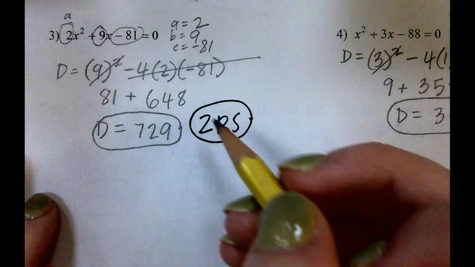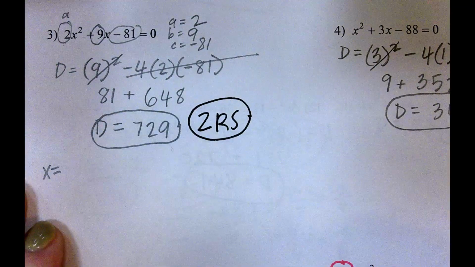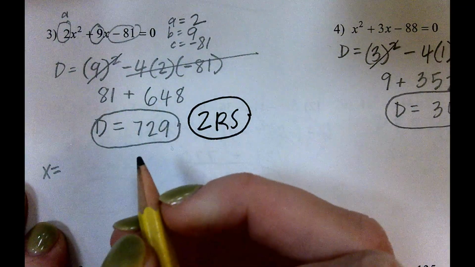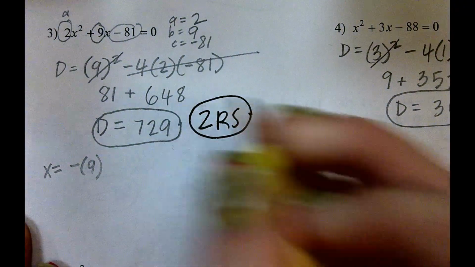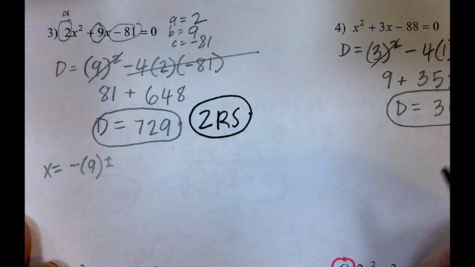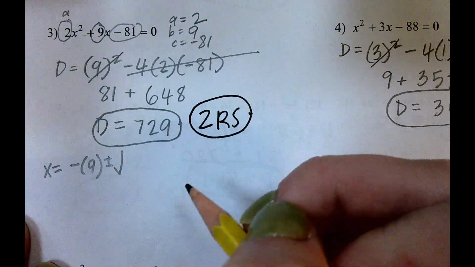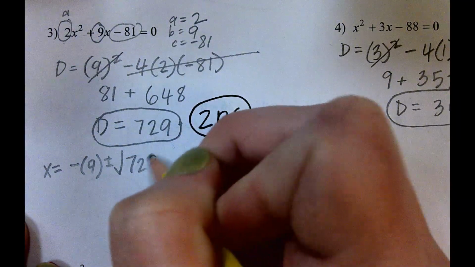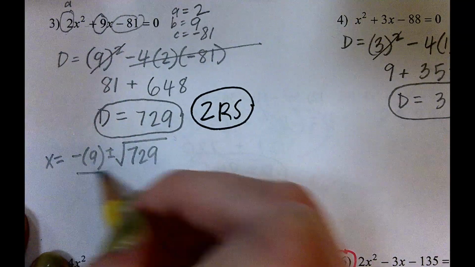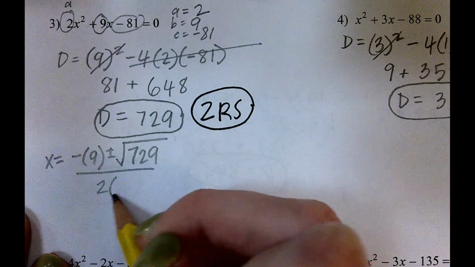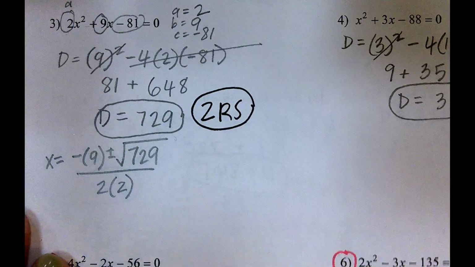Start with x equals negative parentheses 9. Good. Plus or minus the square root of 729. Good. Over 2 parentheses 2. Good. 2 is A.